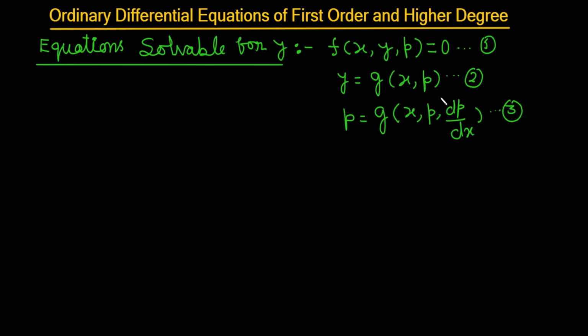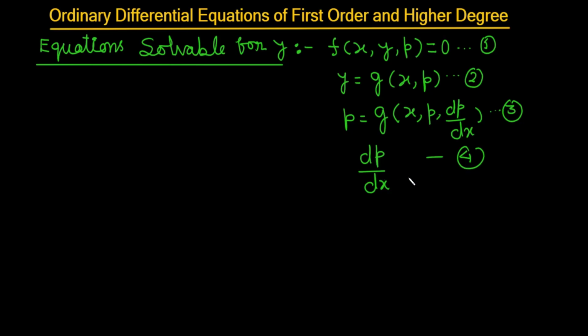So by differentiating equation number 2 with respect to x, we have eliminated the y variable. Now, out of equation 3, we select that factor which involves a first order, first degree differential equation with p as the dependent variable and x as the independent variable, and we solve it for p as the dependent variable.